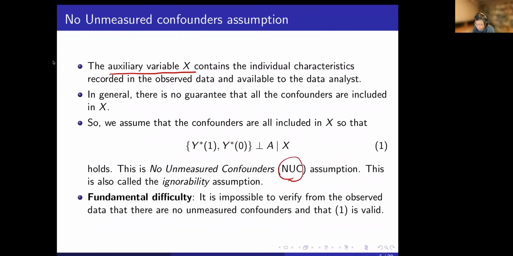In general, there is no guarantee that all confounders are included in X, so we assume that X is large enough to contain all the confounding variables. The problem is that this is an assumption that we cannot really verify from the sample. It is impossible to verify this assumption.